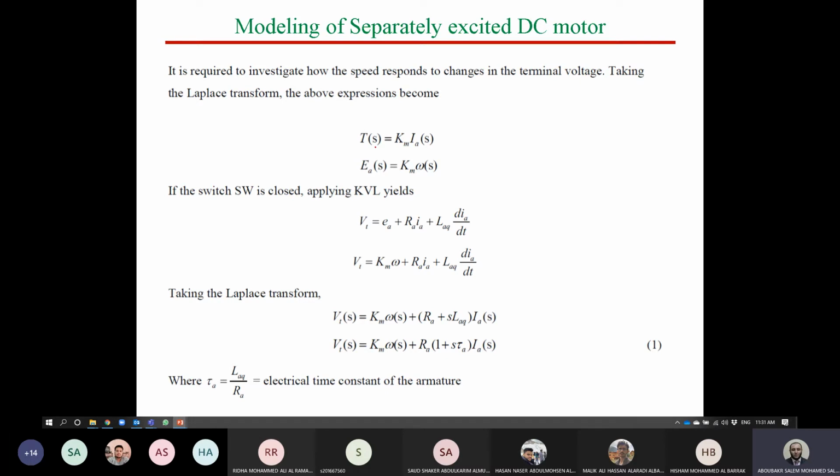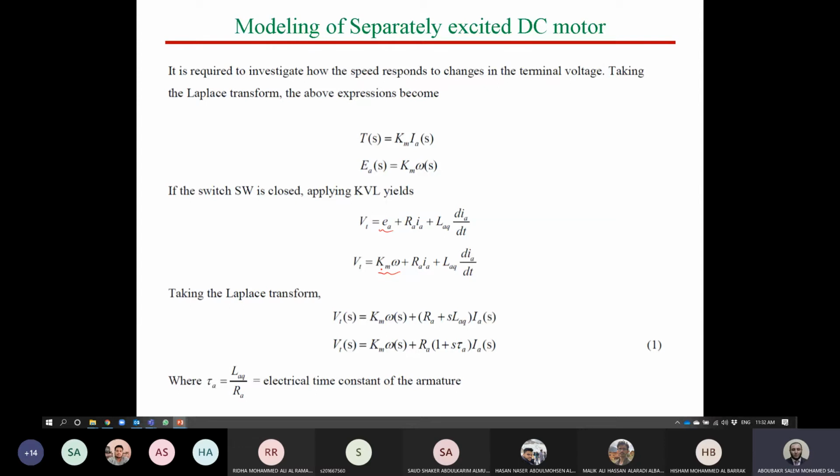So we can say T of S equals Km multiplied by I of S, and EA, EMF as a function of S, equals Km multiplied by omega of S. Now, if we make a Kirchhoff voltage loop for our motor, we can say V terminal, this is in time domain firstly, V terminal equals EMF plus RA IA plus LA dIA by dt. And simply, you can replace E by K multiplied by omega.